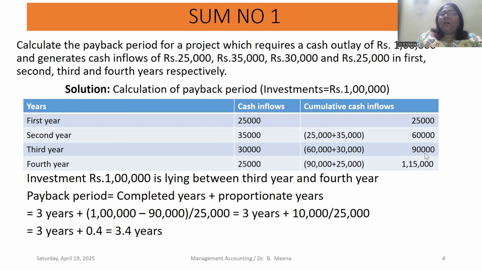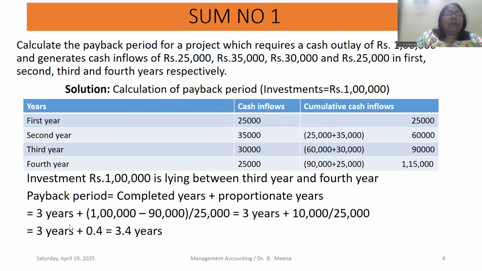Within the third year, I'm able to get back 90,000 out of 1 lakh. Only the 10,000 I'm going to get in the fourth year. The cumulative cash inflows clearly tell you that within the third year, you will get 90,000 out of 1 lakh. The remaining 10,000, you can take back in the fourth year.